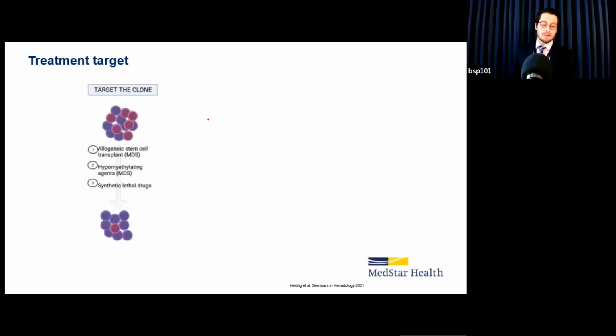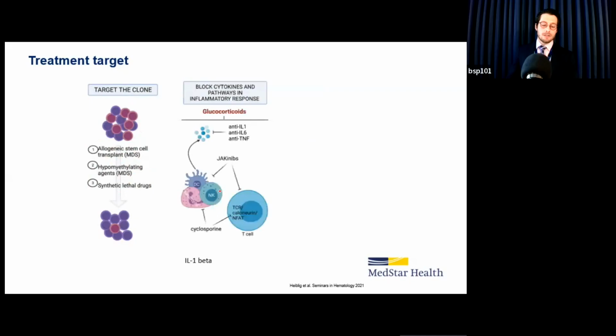So the proposals are to target the clone in the bone marrow, obviously, where the mutation is coming from. So for these, allogenic stem cell transplant is an option. Hypomethylating agents that have been successful in treatment of MDS have been tried, and some other synthetic lethal drugs.